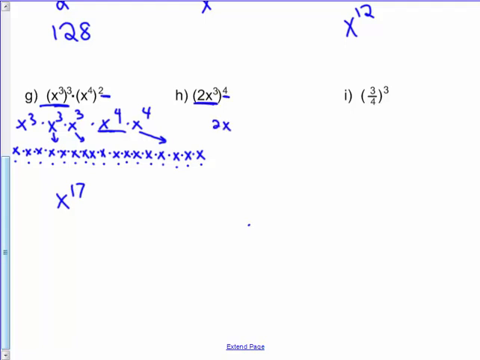In H, 2x third to the 4th power. That means 2x to the 3rd times 2x to the 3rd times 2x to the 3rd. Now again, this is all just multiplying here. So I could group these together. 2 times 2 times 2 times 2. And then x to the third, x to the third, x to the third, x to the third. 2 and 2 is 4, 4 and 4 is 16 there.